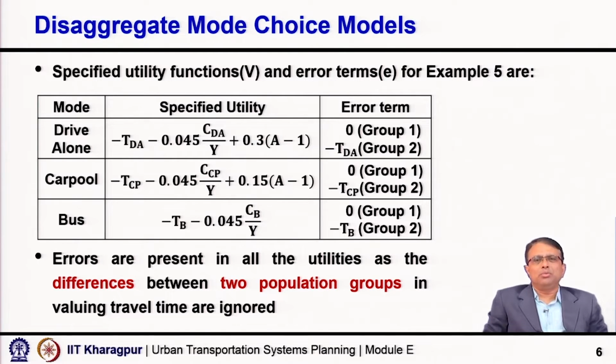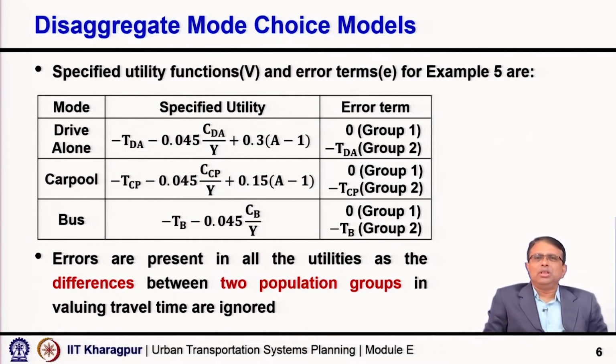But because the disutility associated with travel time was double for group 2, for drive alone group 2, the error term is minus TDA, because actually it was minus 2 TDA, and we considered only minus TDA. So, minus TDA was the error. Again for carpool also minus TCP, and for bus minus TB. So, in this example, the error in the specified utility relative to the actual utility is shown here relating to example 5.